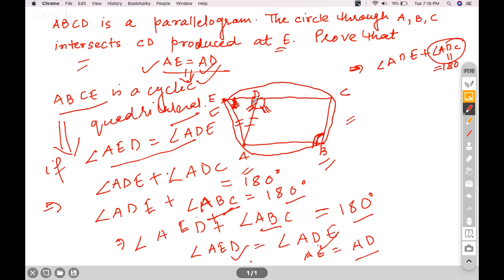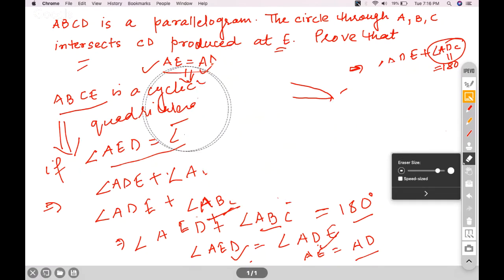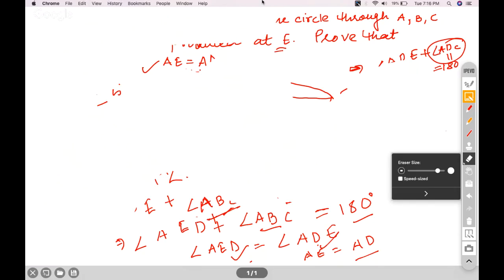And I already know that AED plus ABC is 180 degrees because it is a cyclic quadrilateral. So from there I am proving that angle ADE is equal to angle AED. So this is how you had to prove this question. This question was good. Unless you make a good diagram in this question, you can't solve it.